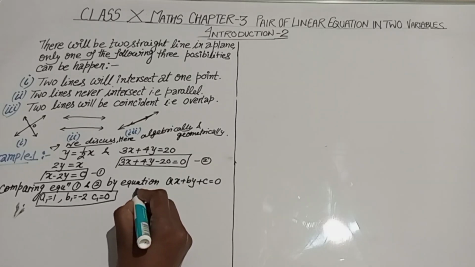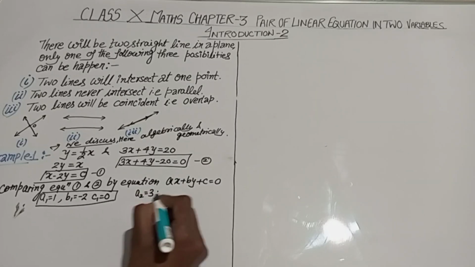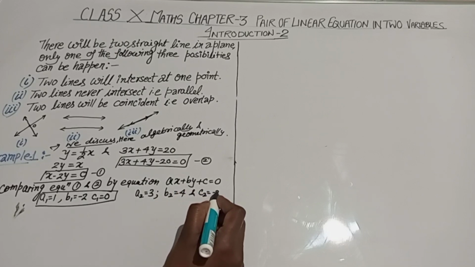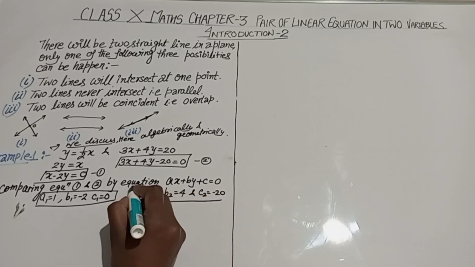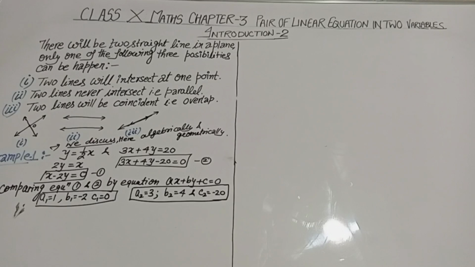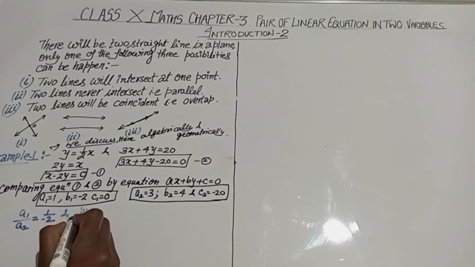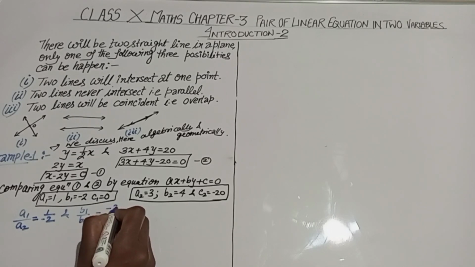For the second equation, a2 is equal to 3, b2 is equal to 4, and c2 is equal to -20. Now we take the ratios.